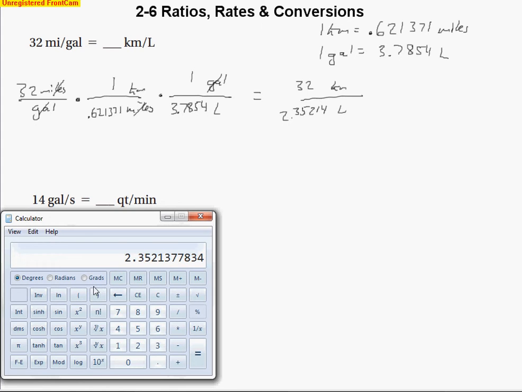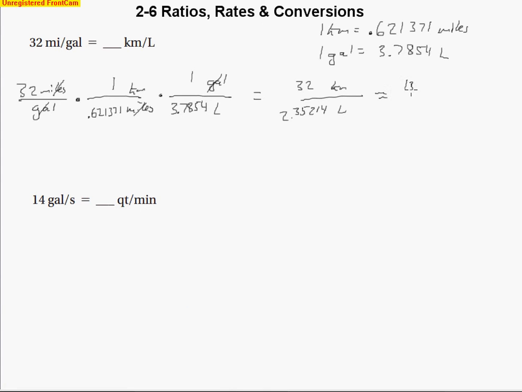So let's go ahead and clear that screen, and I'll take 32 divided by 2.35214 equals, and I'm going to round to the tenths place again, so 13.6, and these were kilometers per liter. Alright, so the next one says 14 gallons per second.